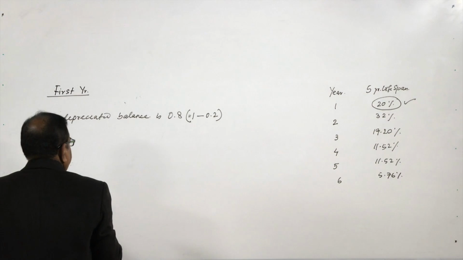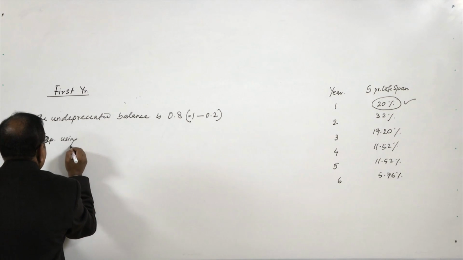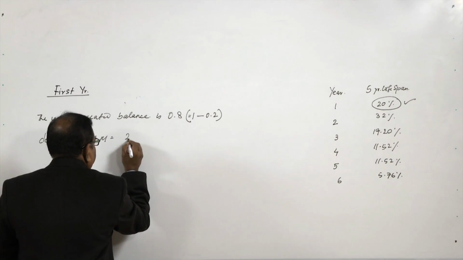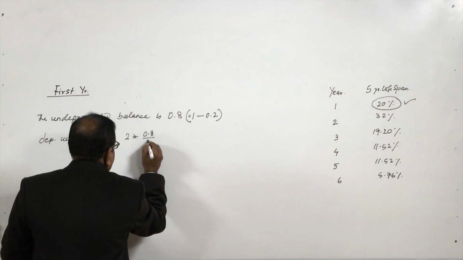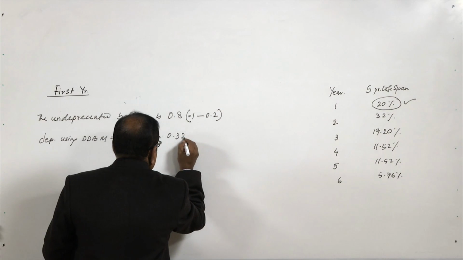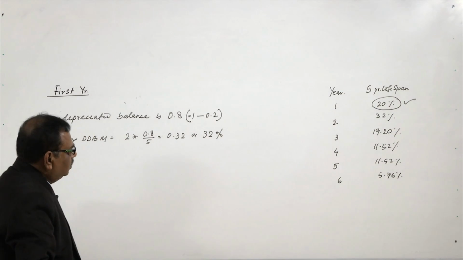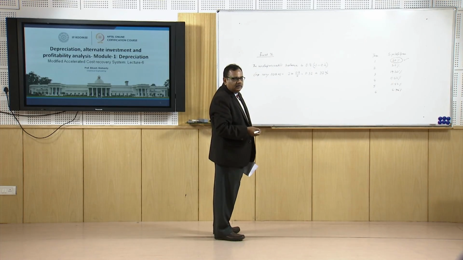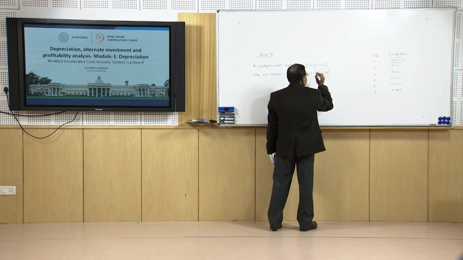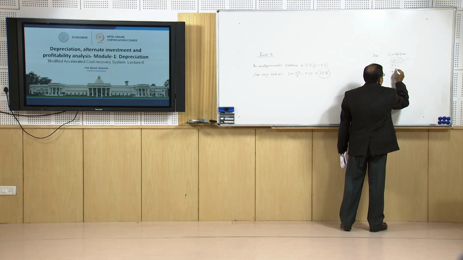Now, the depreciation using DDBM is equal to 2 into 0.8 by 5, and this comes out to be 0.32 or 32%. So, we see that in the second year the depreciation is 32%, we have calculated, and if you see here in the second year it is charging 32%. So, this is checked.